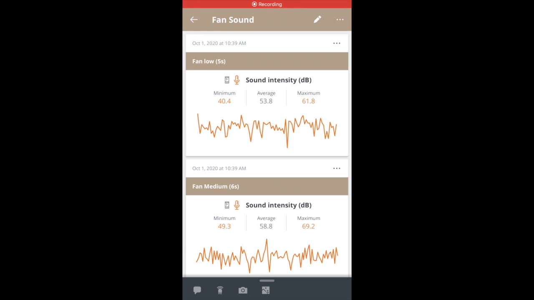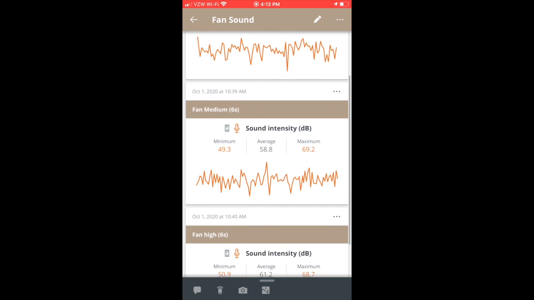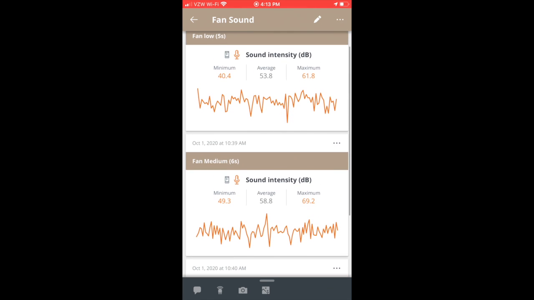So another interesting thing to do is to compare the type, quality, or intensity of the sound coming out of both the fan and the noise machine. And you can see here in the summary, here's the fan low, fan medium, and fan high. And you can see that the difference between the minimum and maximum tends to be roughly 20 decibels.